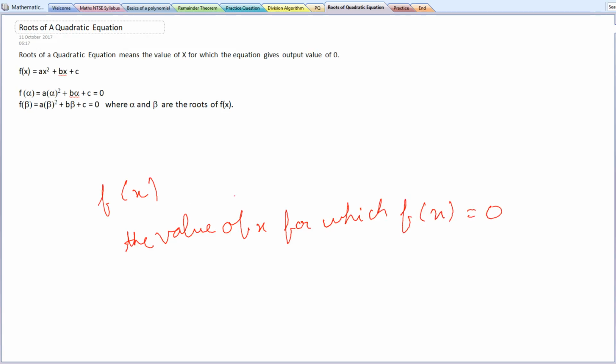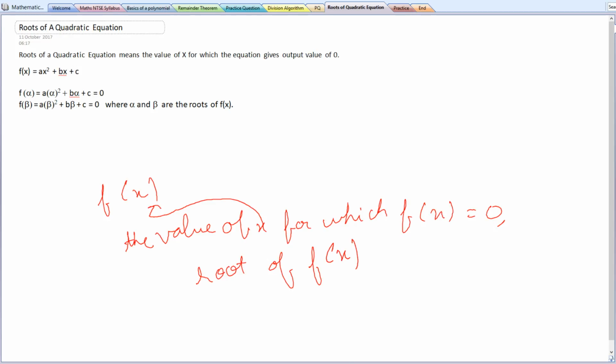That means if I put the value of x, any x, let's say a, b, c, d, 1, 2, 3, any value of x, in this equation, and I get the resulting output as 0, that value of x is known as the root of fx.